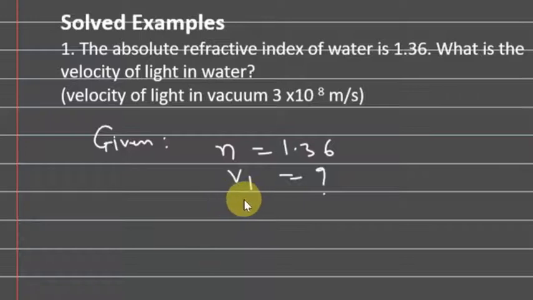Now since this is a case of absolute refractive index, the second medium is vacuum, and in that the velocity of light is 3 into 10 raised to power 8 meter per second. So these are the things that we know.